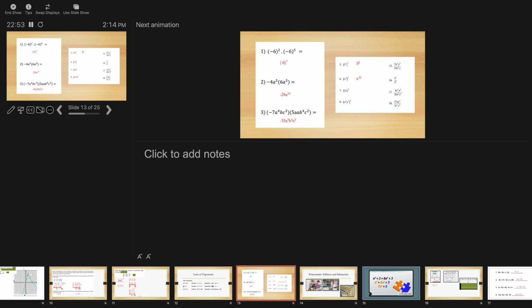Number 6, x to the 4th to the... Well, that's weird. I can't even read what that says there. Just kind of skip over 6. Next one. 2 cubed is 8, x to the 3rd.